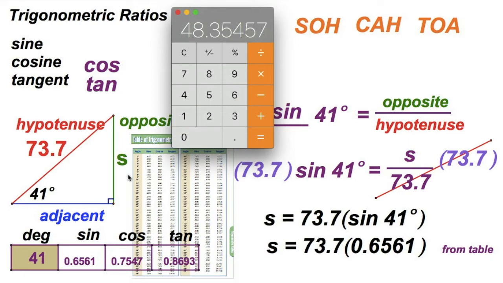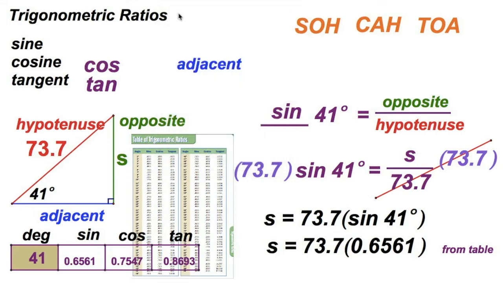Rounding to the nearest tenth would probably be wise, and it looks to me like we're going to have 48.4. So get that out of the way, and where's our answer there? 48.4. Like it. So that's an application of trig.